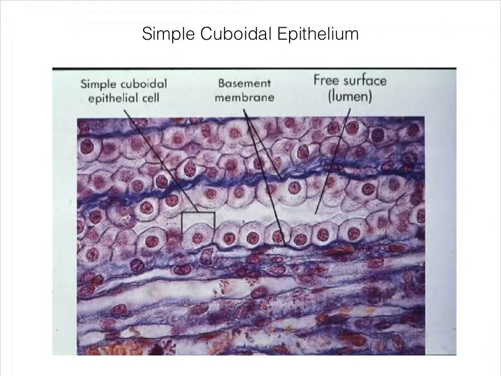But remember that the epi part of epithelium means on top, right? Near the surface. One of the features of epithelial tissue is that it is pretty much always a coating or lining of some sort. That means that it's going to face an open area.